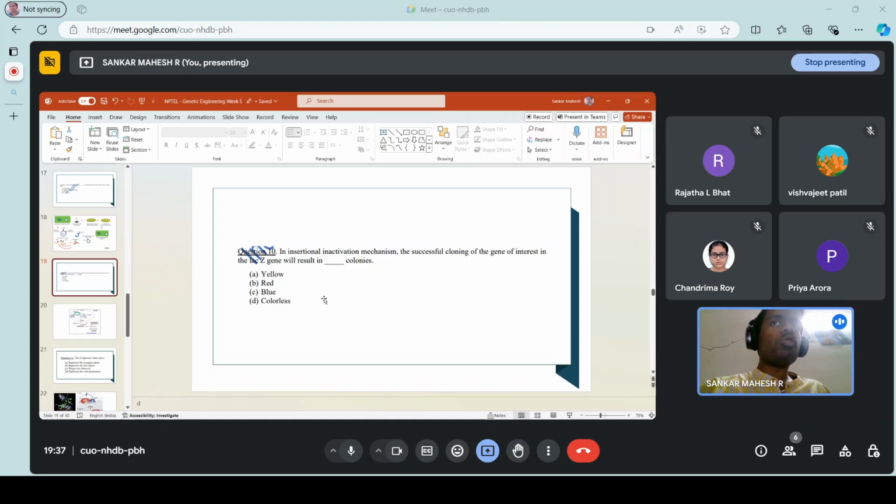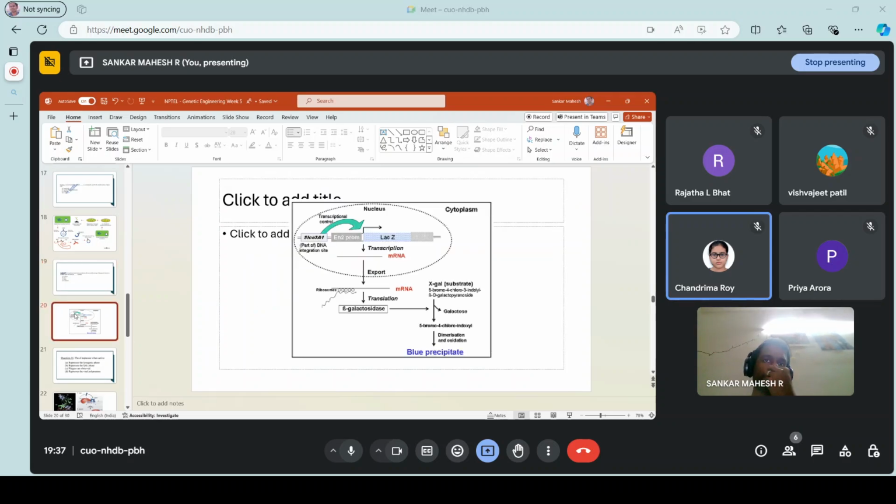Does anyone know what LAC-Z will produce? Beta galactosidase. What is that? It breaks down lactose into glucose and galactose. Okay, it can break down specific sugars to give galactose.